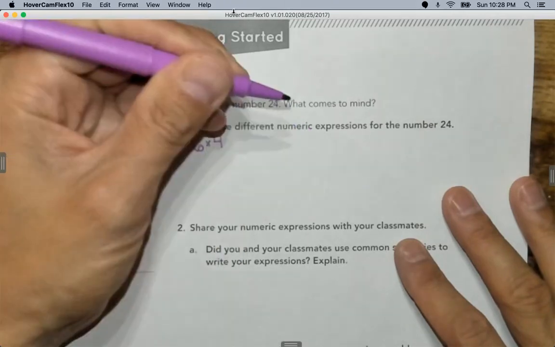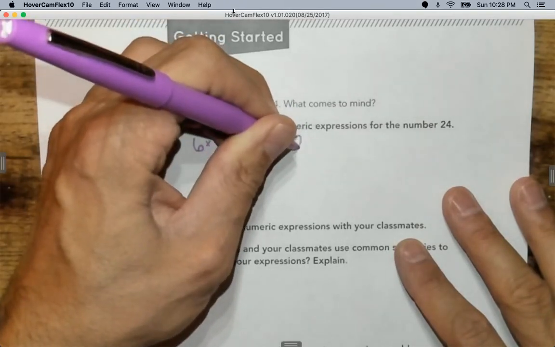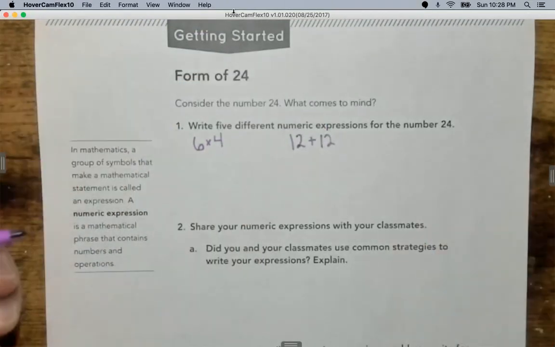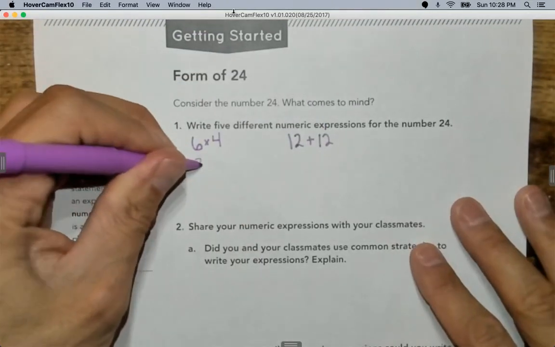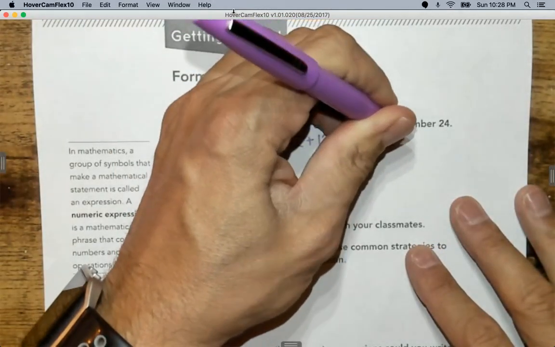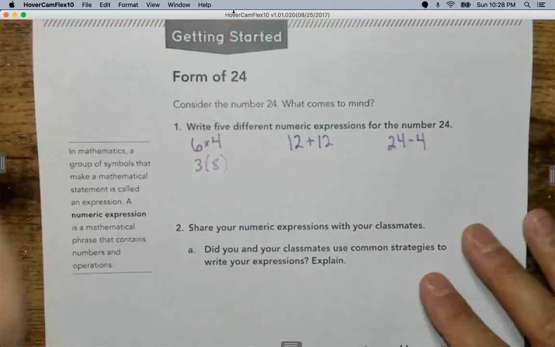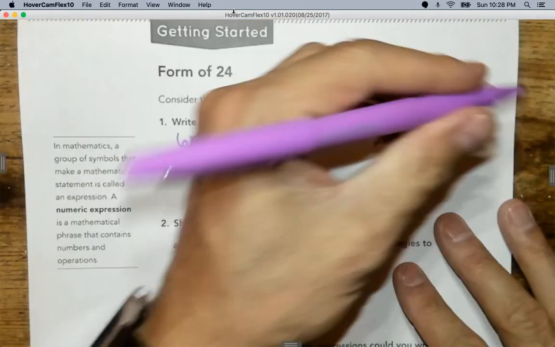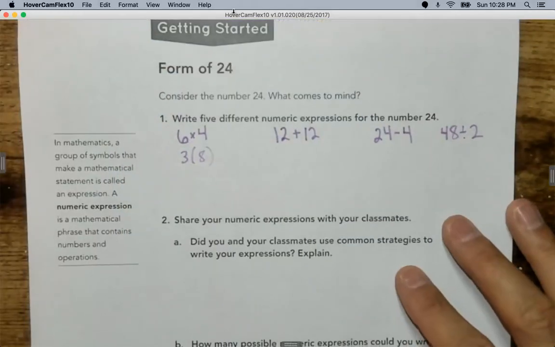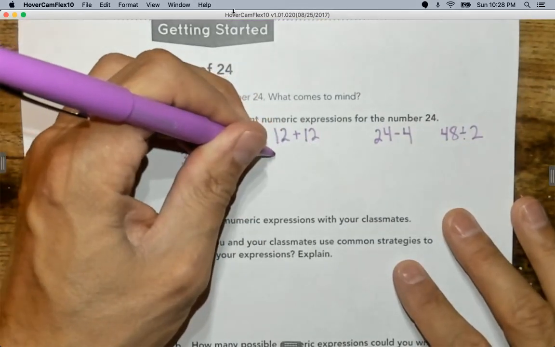Some involved adding. Some involved multiplication. Some involved subtracting. Some even involved division. Some had equal signs.